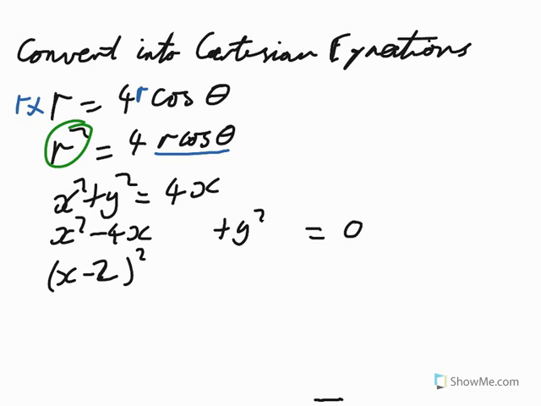So if I'm doing that, then I've got to have another 4 added there, and if I'm going to add 4, keep it balanced, we've got a minus 4. Okay, so plus y squared, and this 4 here, I'm going to put it over the other side, equals 4. So, there's our Cartesian form. x minus 2 all squared plus y squared equals 4, so we recognise that as a circle.